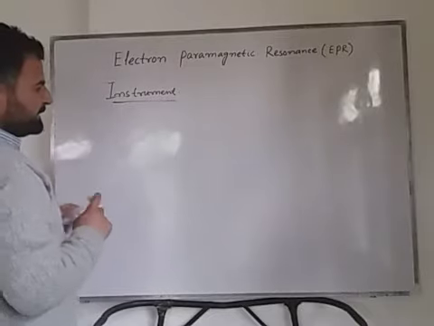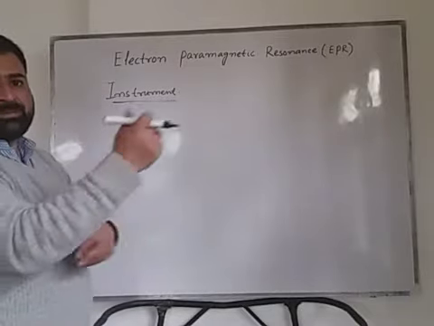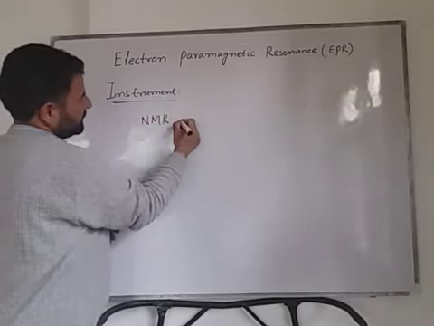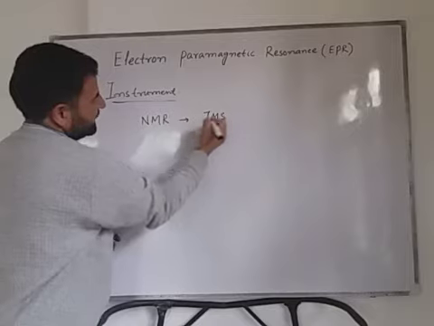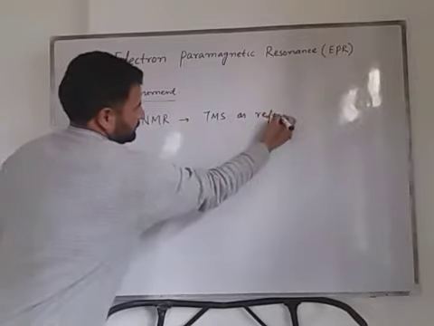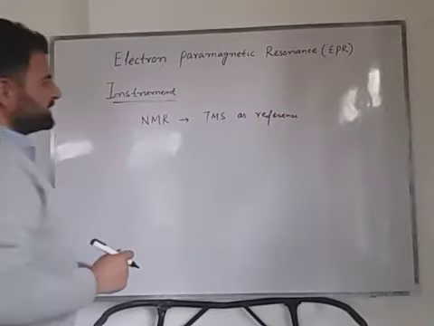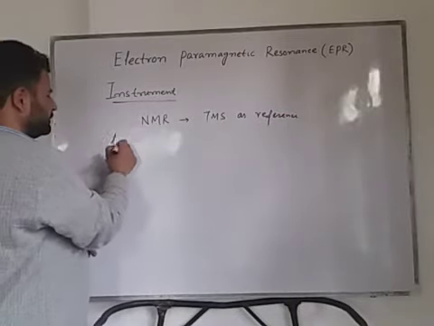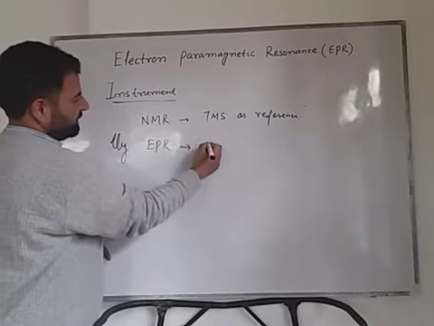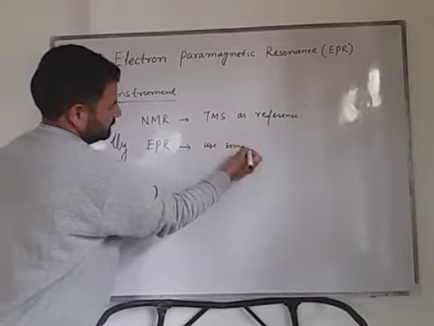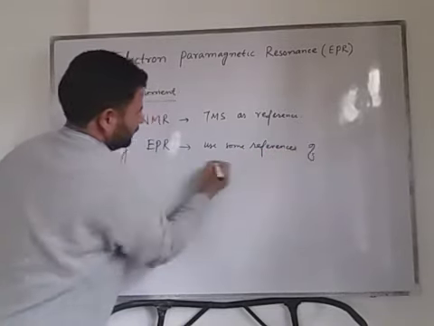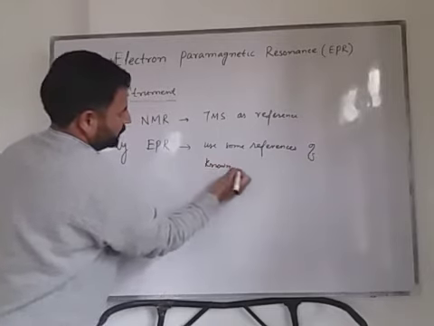As we have read, in NMR spectroscopy we use some reference, like TMS, tetramethyl silane, as reference. Similarly, in EPR we use some references of known G value.